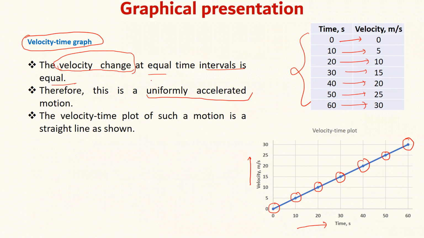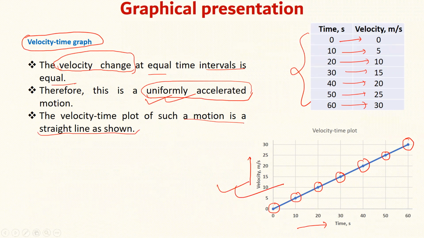Such motions where velocity is changing equally at equal time intervals are known as uniformly accelerated motion. For uniformly accelerated motion, we will get a straight line between velocity and time. The velocity time plot for such a motion is straight, as shown in the plot here.